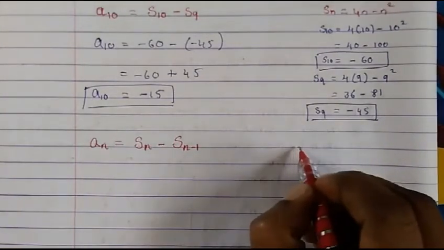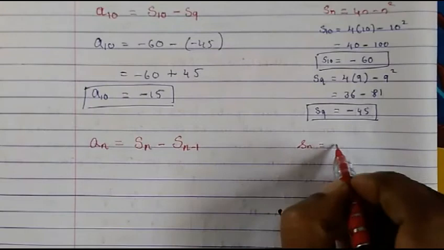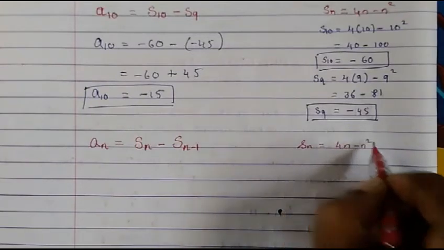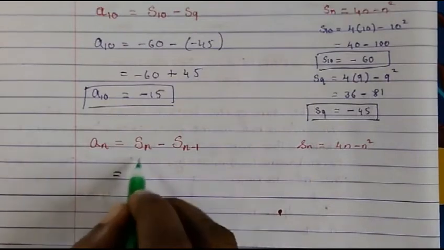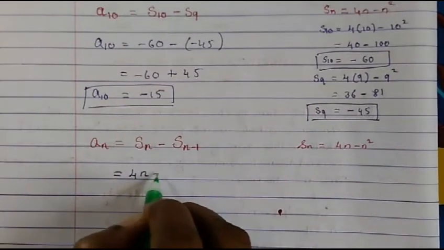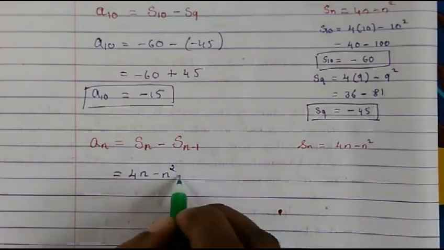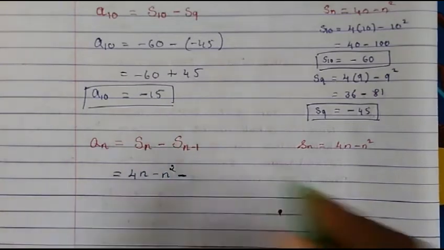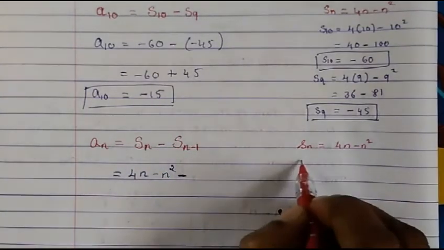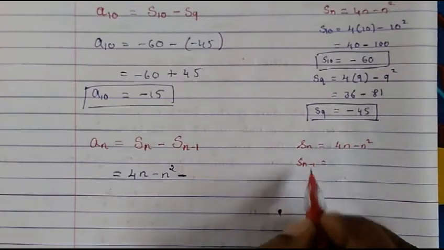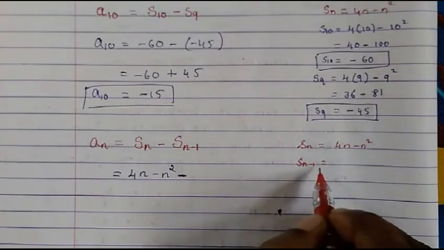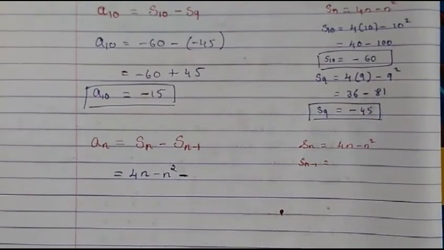We have the formula for Sn: 4n minus n square. So that we will write down. Now we have to find Sn minus 1. Sn is given, Sn minus 1 we have to find out.